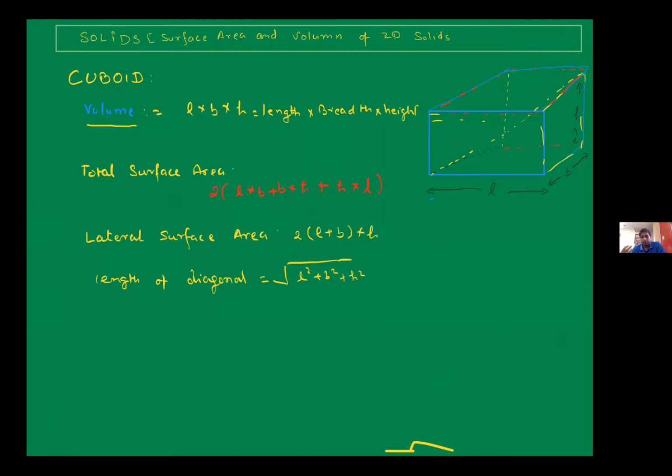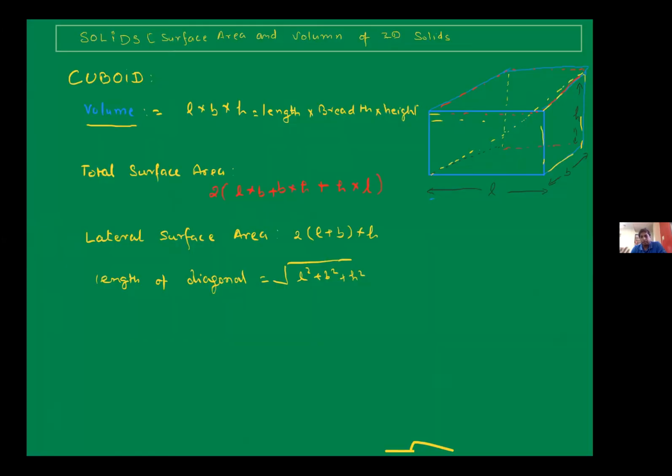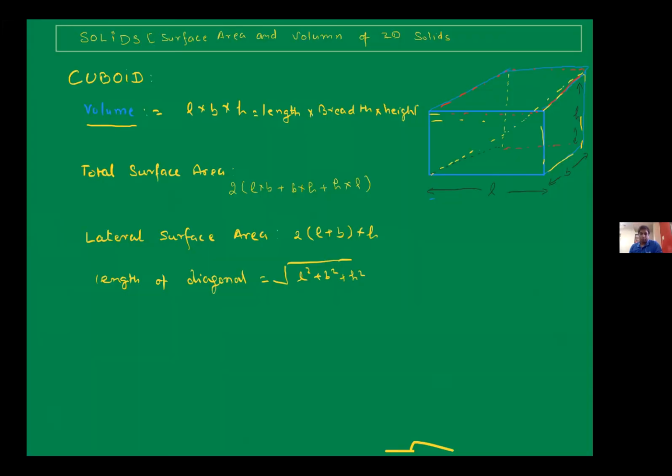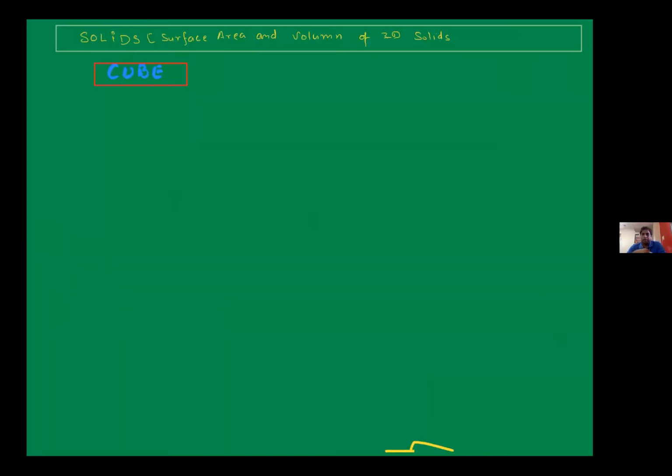The cuboid is the rectangular solid in which all the faces are rectangles. But the cube is different, because all the faces of the cube are square, where length and breadth are the same. In the cuboid, length is different and breadth is different. So I hope the cuboid is clear now. We know that a cube is the solid where each face is a square.